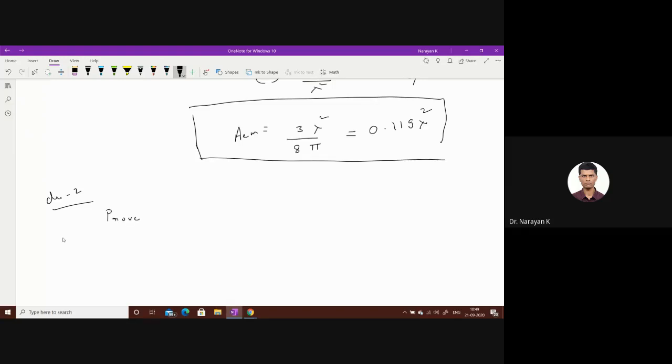Prove that the maximum effective aperture of a lambda by 2 dipole is 0.13 lambda square.